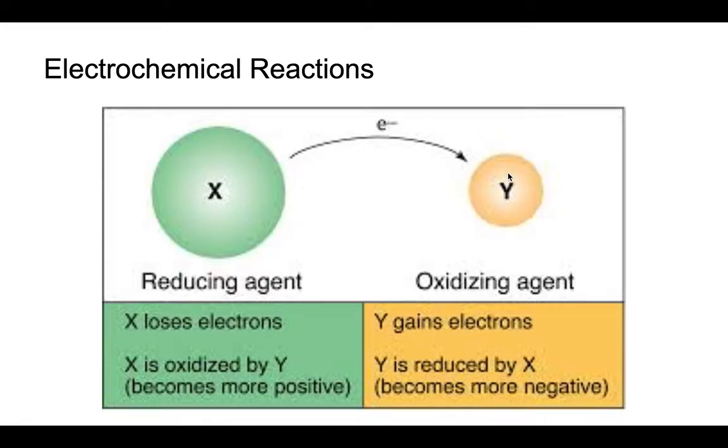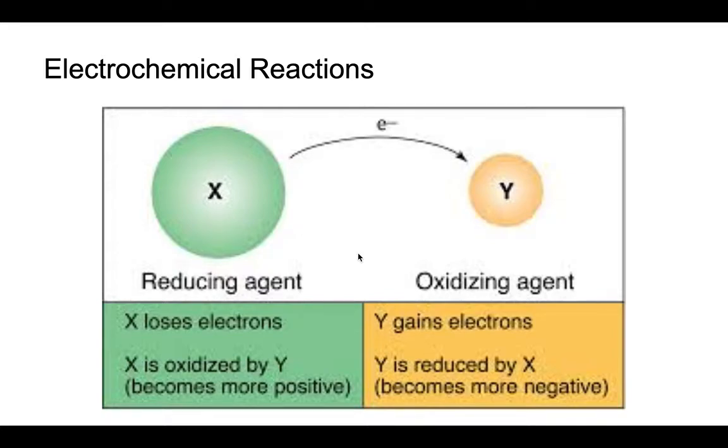It's gaining electrons. So X is reducing Y. It's causing Y to be reduced, so we could also call it a reducing agent. We're going to talk through several examples of these because it is really easy to get these terms flip-flopped and backwards.